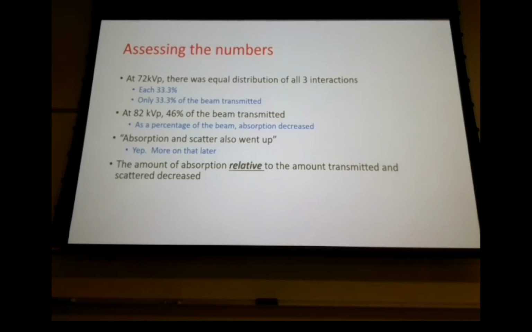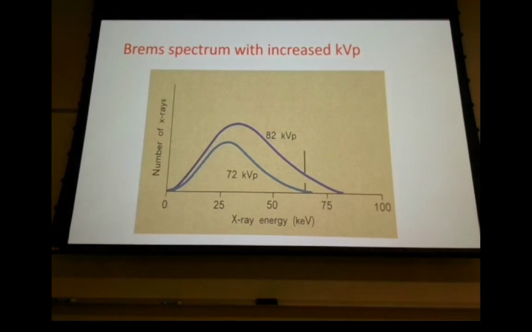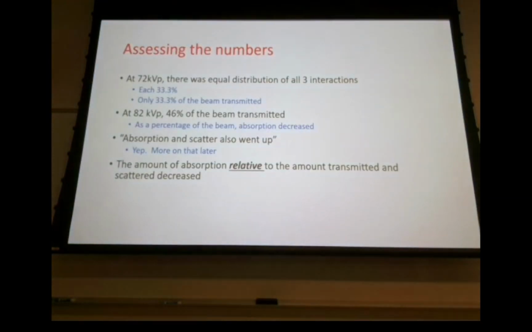And the absorption and scatter are going to change some. When we get to adjusting our mass, you're going to see really how it is that we can use kVp to affect the change in patient dose. So the amount of absorption is relative to the amount transmitted, and scatter is decreasing.